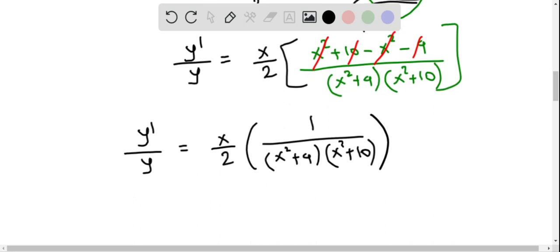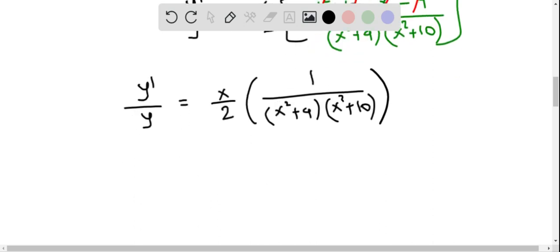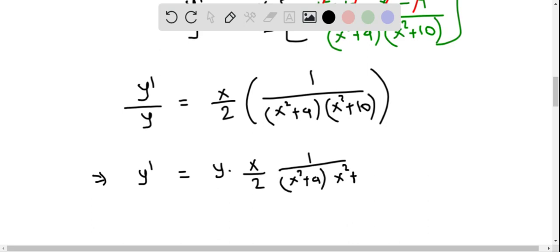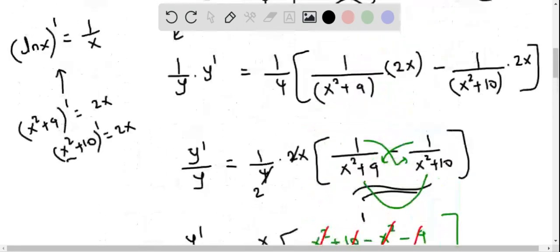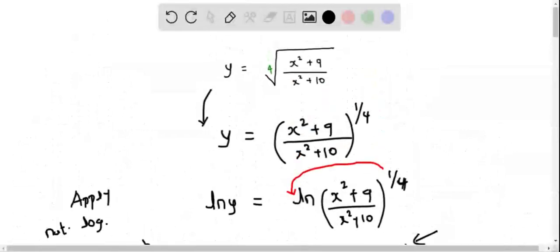And since we want to find y prime, I'm going to multiply both sides by y. So therefore, we will have y prime on the left side, and this equals y times the expression on the right side, that is 1 over (x squared plus 9) times (x squared plus 10). And now we have to substitute the value of y. On the left side we have y prime, and this equals, we can replace the y as we have written in this form.